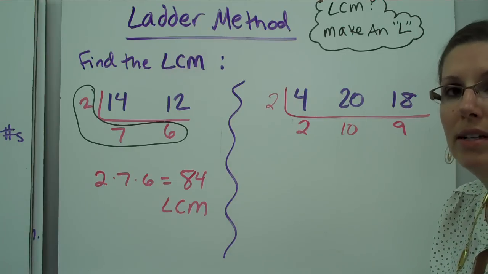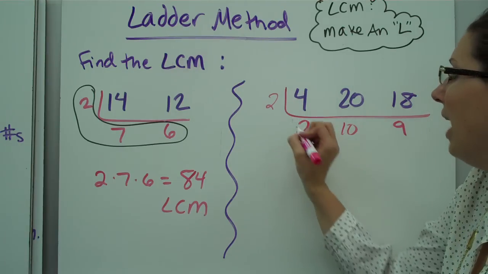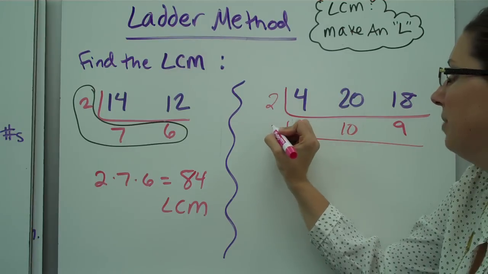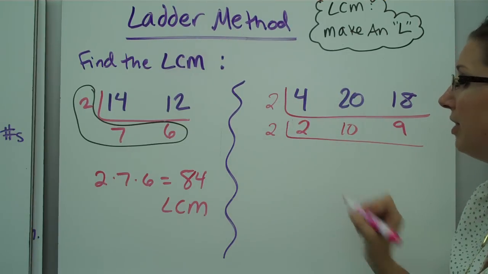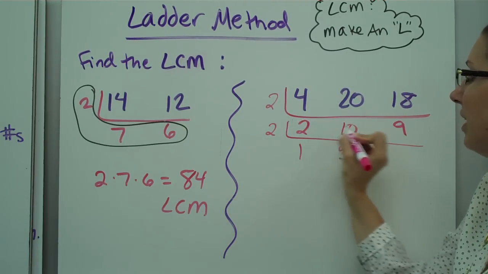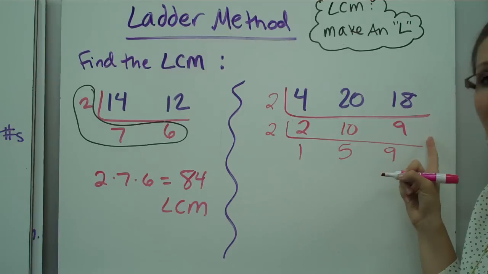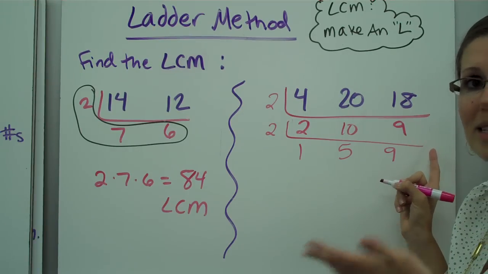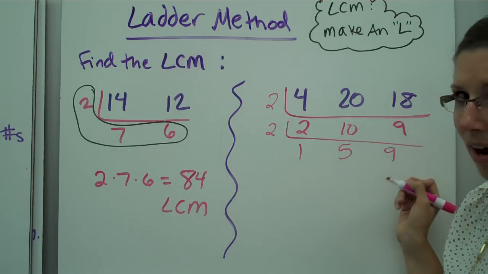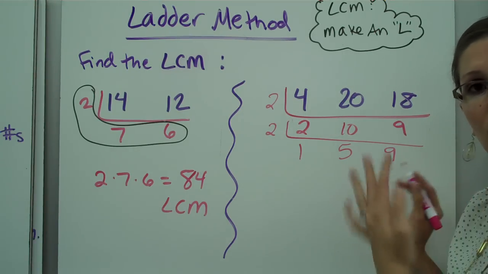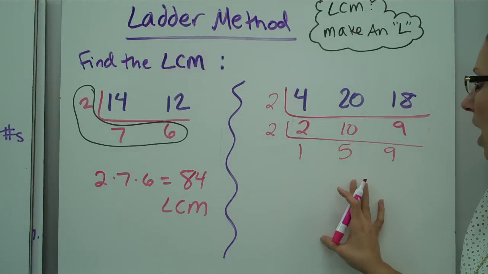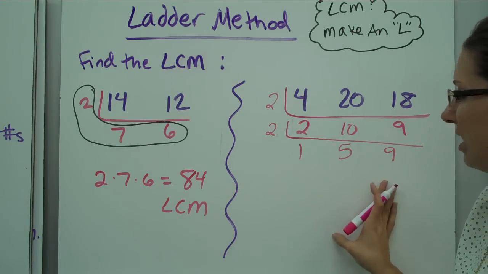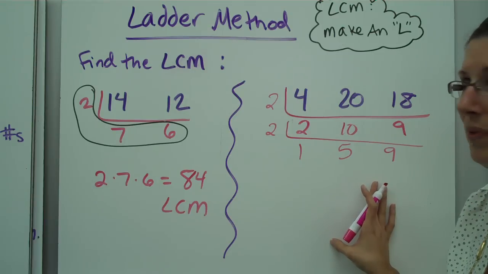But that's what's funny about LCM. I can do another division, upside down division, and take out a 2 from these 2 numbers, but leave the 9 alone because I can't evenly divide 2 into 9. So I'm just going to ignore it and bring it down. Now looking at the bottom 3 numbers, there's nothing really left I can do.